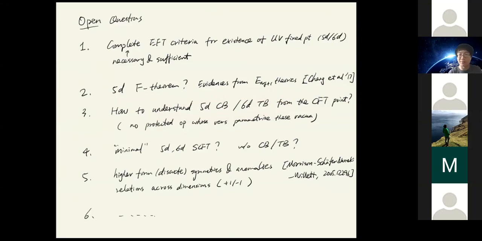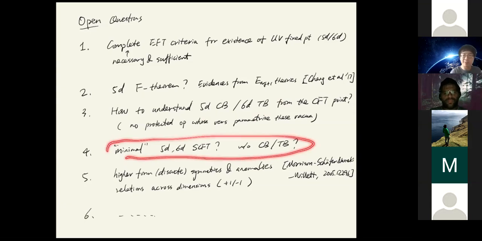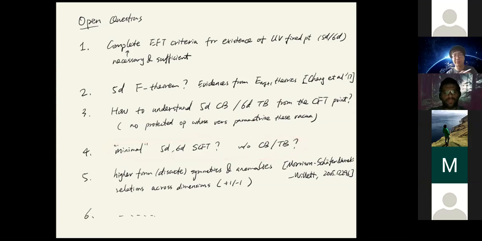So how do we understand them from the CFT perspective? It would also be nice to understand some notion of a minimal or non-trivial endpoint of RG flows in 5D and 6D, which should be characterized by some kind of minimal CFTs, perhaps CFTs with no tensor branch or Coulomb branch, which is certainly minimal in one sense.